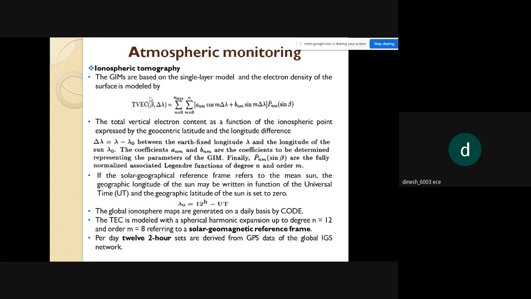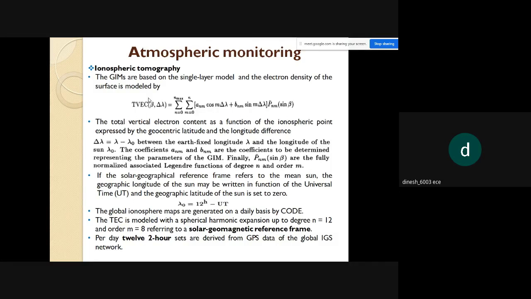If the geographical reference frame refers to the mean sun, the geographic longitude of the sun may be written as a function of universal time, UT, and the geographical latitude of the sun is set to 0. So lambda naught will be 12 hours minus UT, universal time.